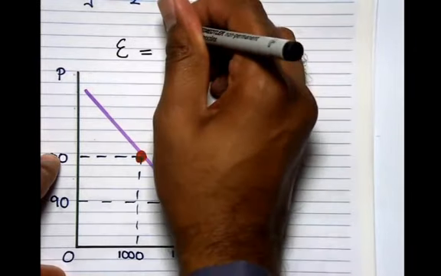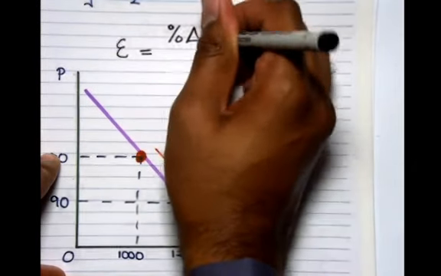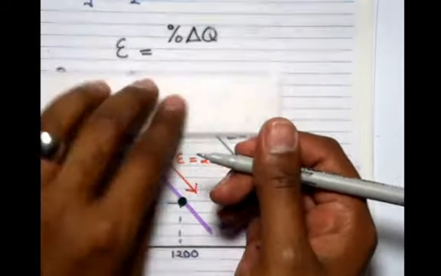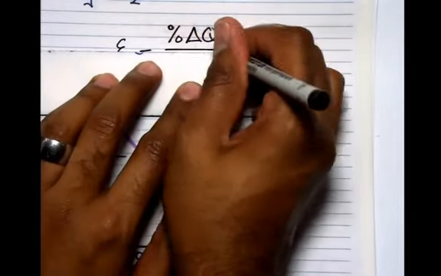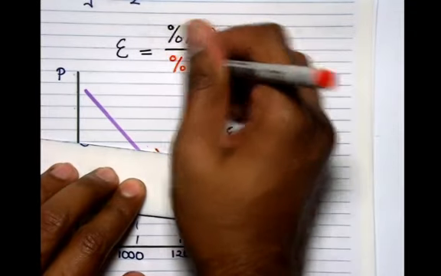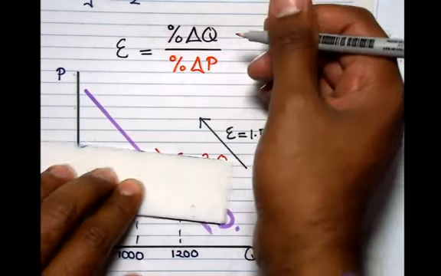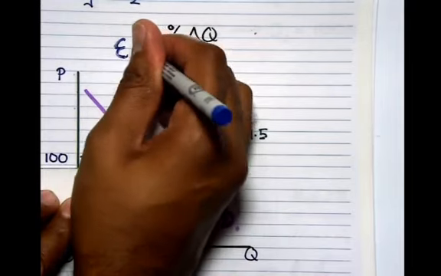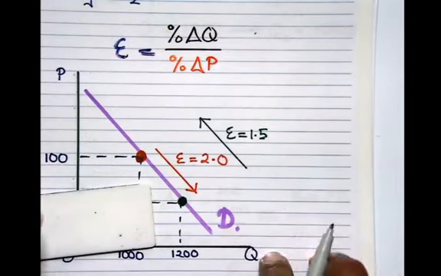Elasticity is percentage change in quantity divided by percentage change in price.